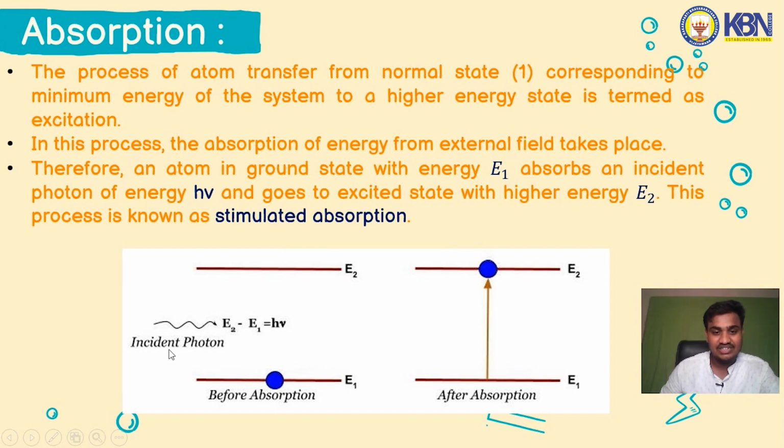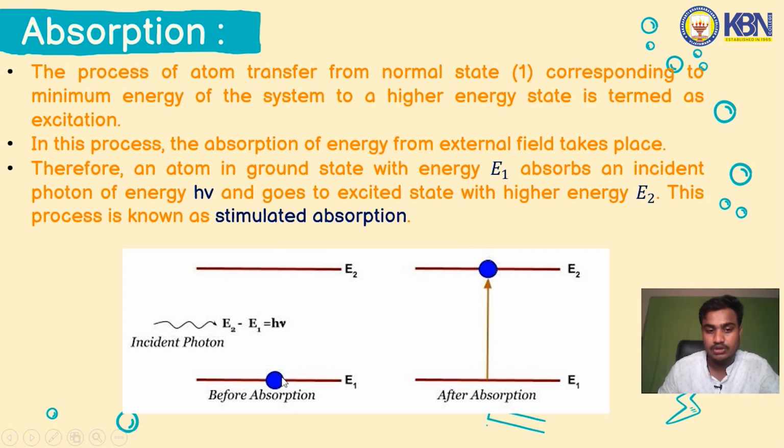Whenever an external energy falls on that atom, it goes to the excited state E2 by absorbing a frequency of h mu. This process is known as stimulated absorption or absorption of radiation.